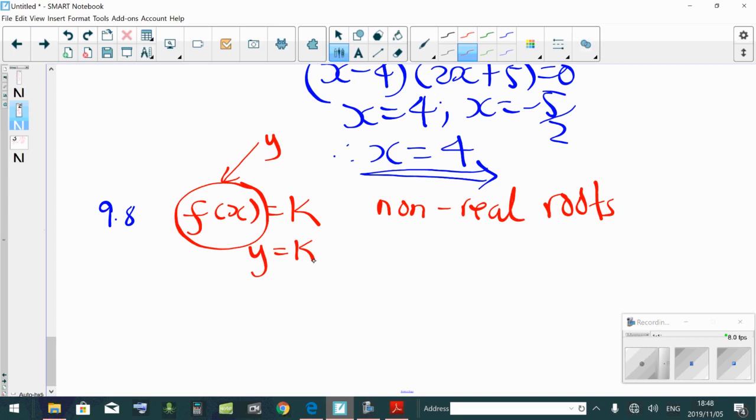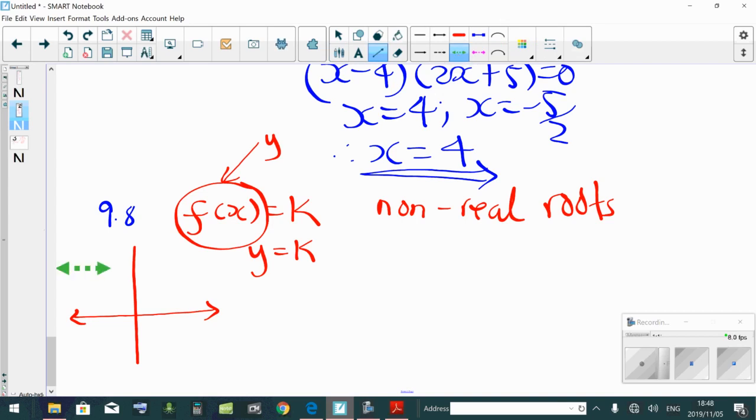I'm saying this because I'm sure we remember how to draw the line y is equal to k, where k is any real number. The line y is equal to k can be at so many different points depending on the value of k.